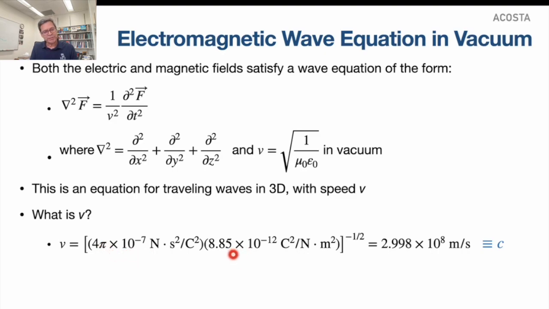Epsilon naught is 8.85 times 10 to the minus 12 in SI units. We take 1 over the square root of that, and you get 2.998 times 10 to the 8th meters per second. So about 3 times 10 to the 8th to pretty good accuracy. That's abbreviated by the letter c, and that's known as the speed of light.